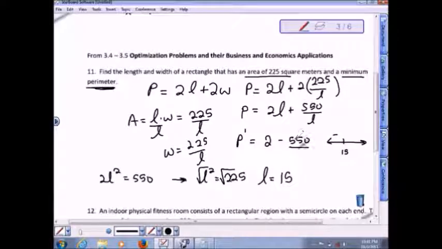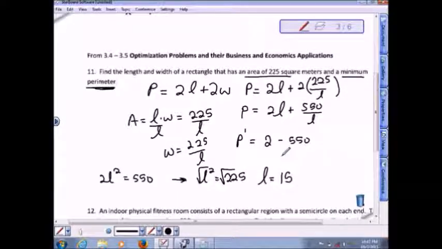Now if you take 550 divided by 256, that's a little bit less than 2. So if you take that from 2, you end up with a positive value. So what this means is the graph is switching from a decreasing function to an increasing function, which proves that this is a minimum.